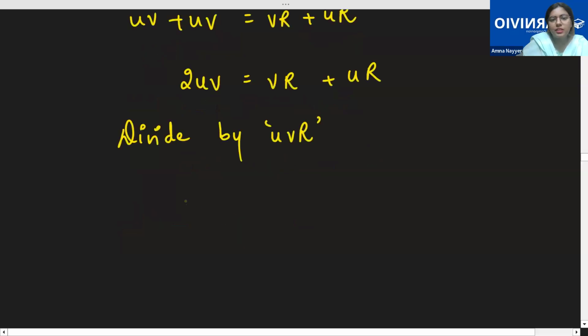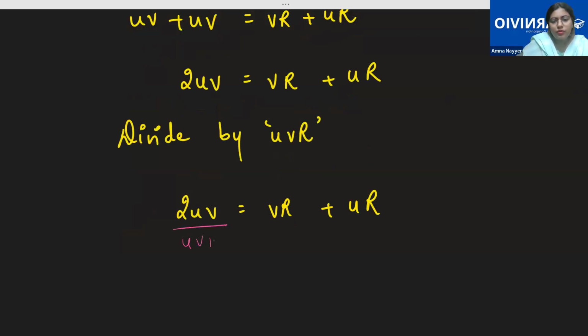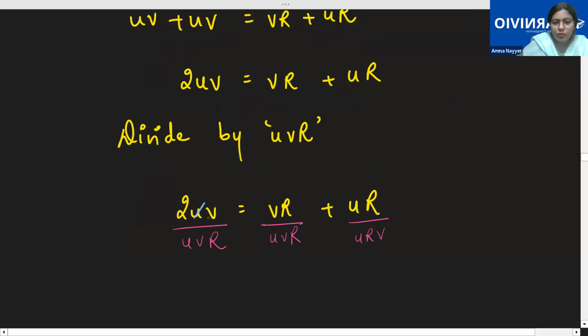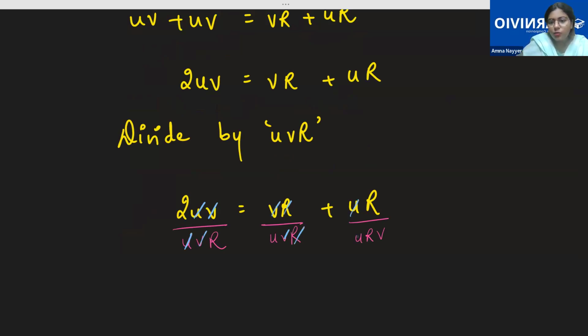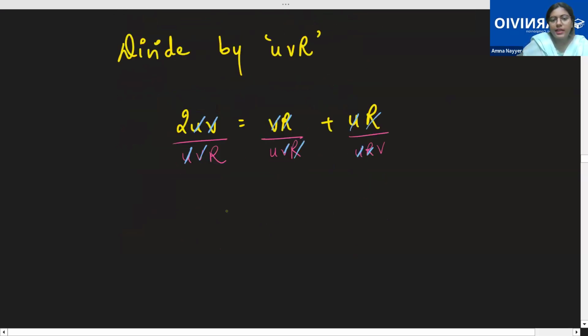Like if we have the equation 2UV is equal to VR plus UR, let's divide this by UVR. UV will be cancelled. VR will be cancelled. UR will be cancelled. What are we left with now? We are left with 2 by R is equal to 1 by U plus 1 by V.